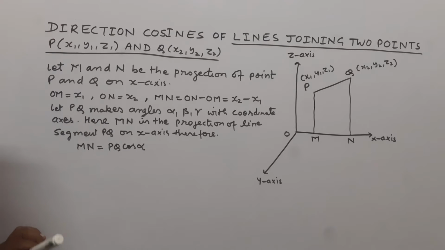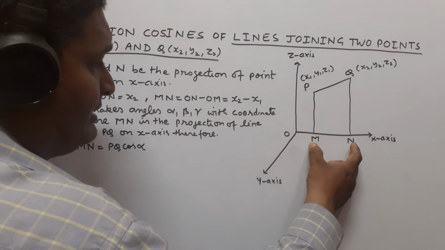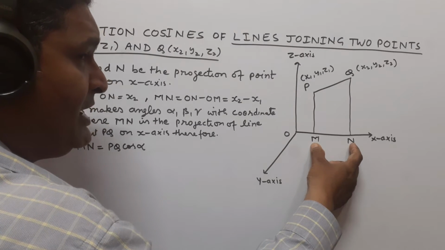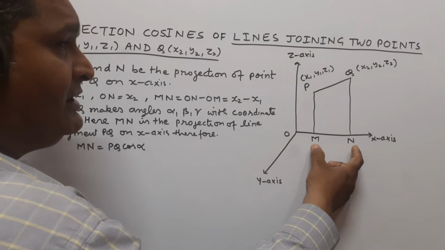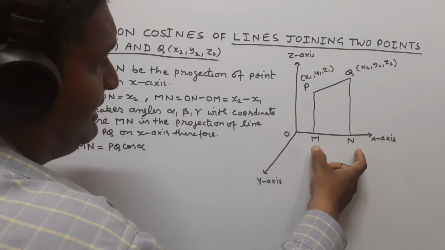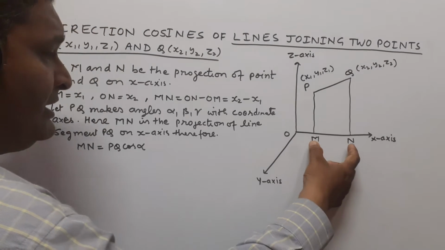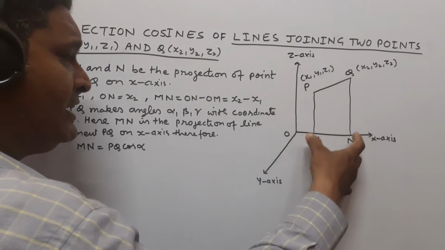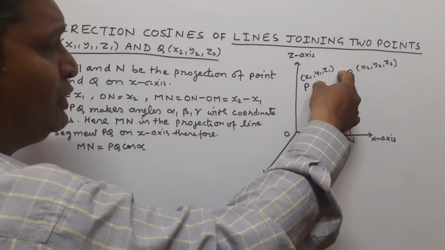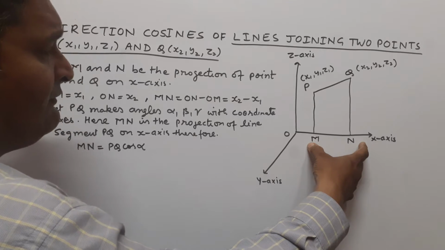In the last article we saw the projection A'B' is equal to AB cos theta, where theta is the angle between the lines AB and CD. So here the projection of PQ on the x-axis is MN, and the angle between PQ and the x-axis is alpha.